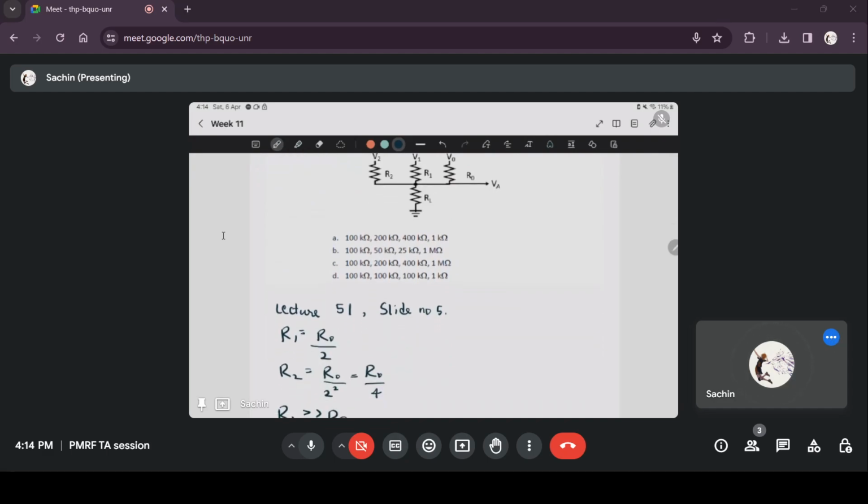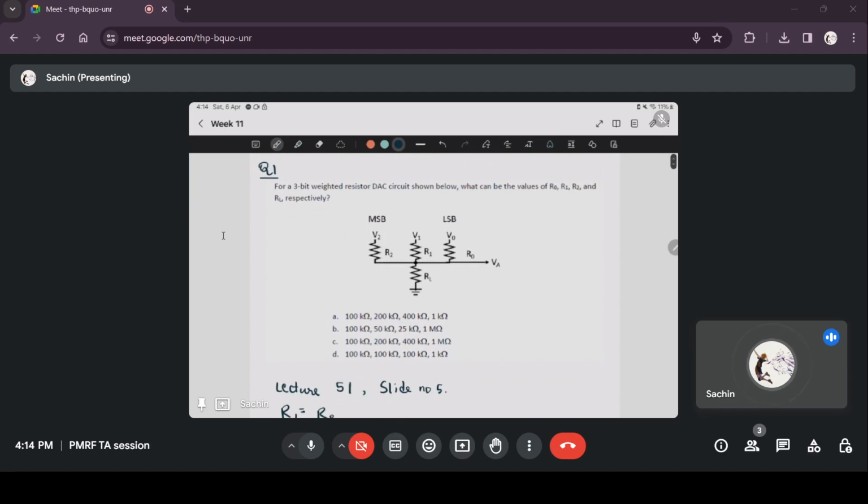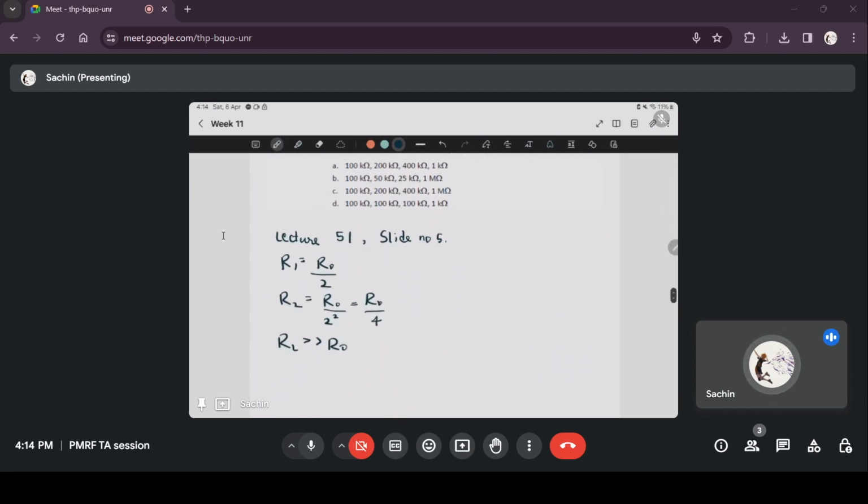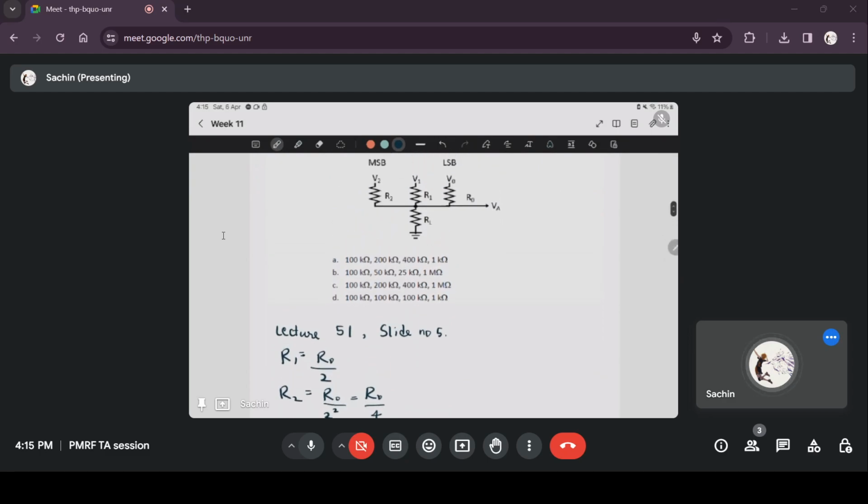And if there are more than 3 bits, I think it will go as powers of 2. So R1 is R0 by 2, R2 will be R0 by 4. If there's R3, it will be R0 by 8. There's R4, it will be R0 by 16, and so on. That's all you need.